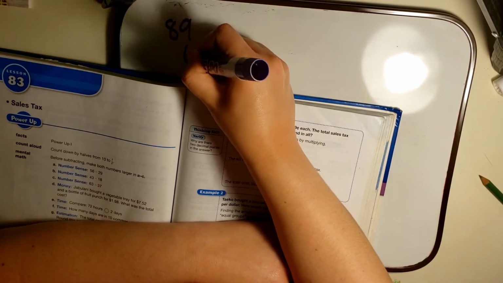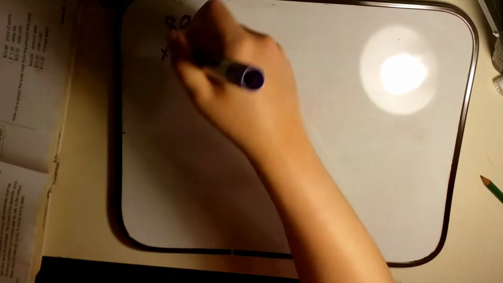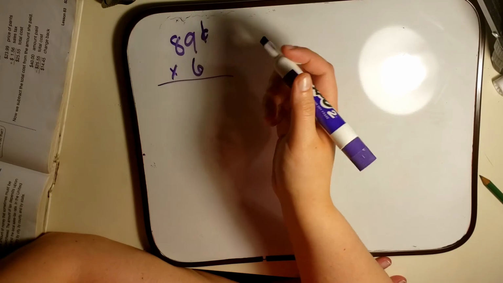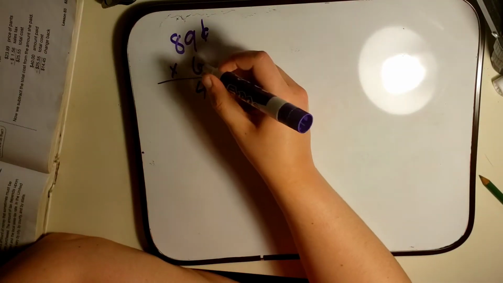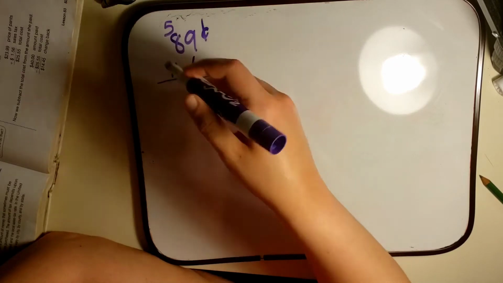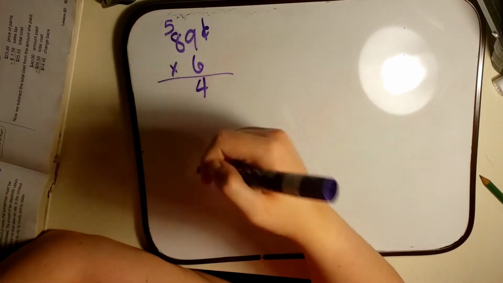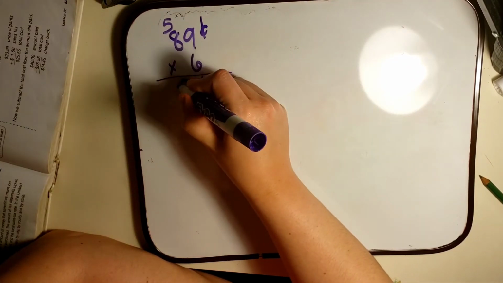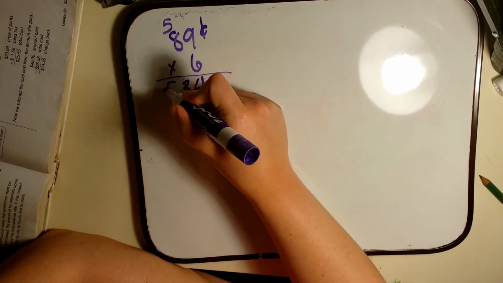So 89 times 6. And let's just remember that it's 89 cents. So 6 times 9 is 54. And carry that 5. 6 times 8 is 48. 48 plus 5, 48, 49, 50, 51, 52, 53.